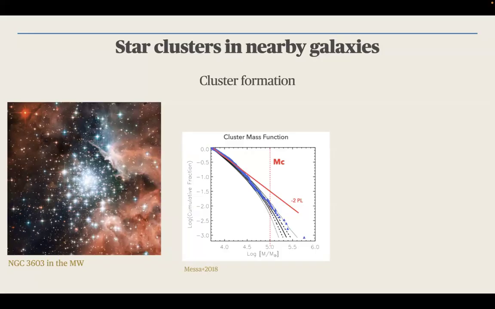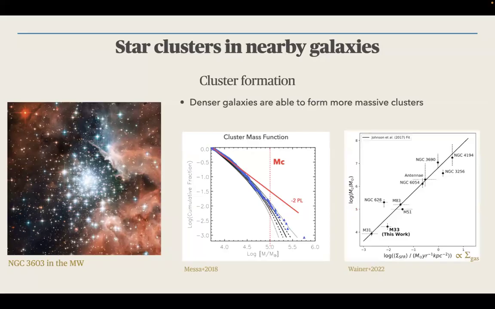And actually it is not a real power law, but it deviates, as it's truncated at the high mass end. So there is a cutoff mass that more or less sets how massive a cluster can be within a galaxy. And it looks like this cutoff mass correlates with the properties of the galaxy.